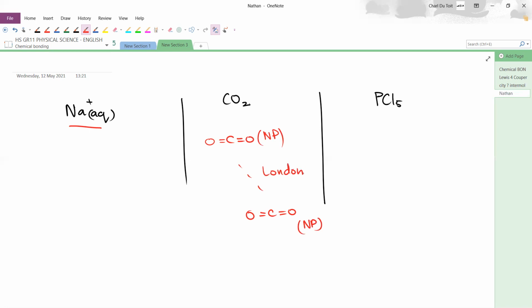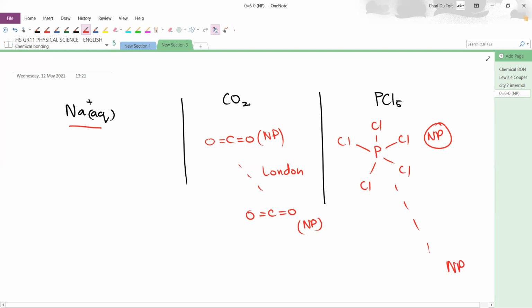PCl5 is difficult to draw on a flat surface. So that one is symmetrically shaped. So this is also non-polar, and non-polar, the other one. So this is also London. So it would be a London.